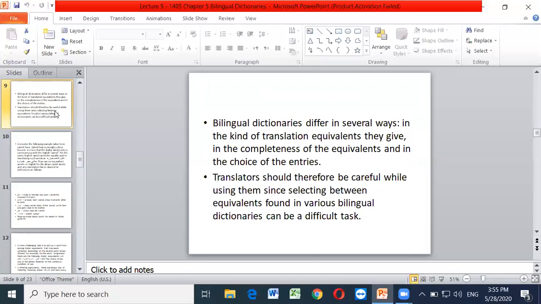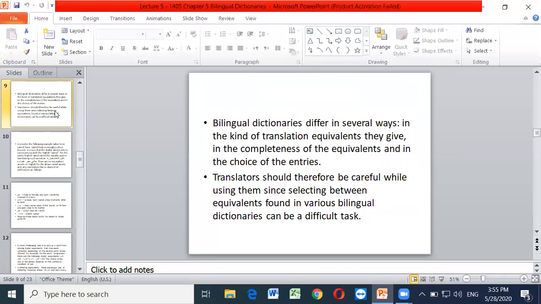Bilingual dictionaries differ in several ways. They differ in the kind of translation equivalence they give, they differ in the completeness of the equivalence and in the choice of entries. Translators should therefore be careful while using them, since selecting between equivalents found in various bilingual dictionaries can be a difficult task.